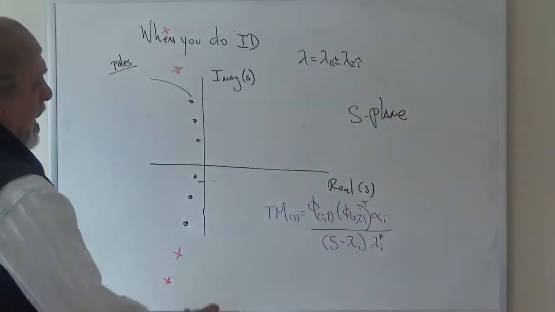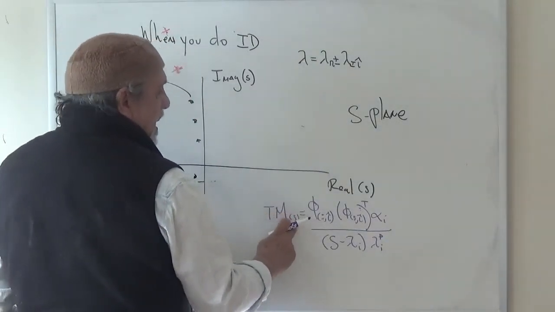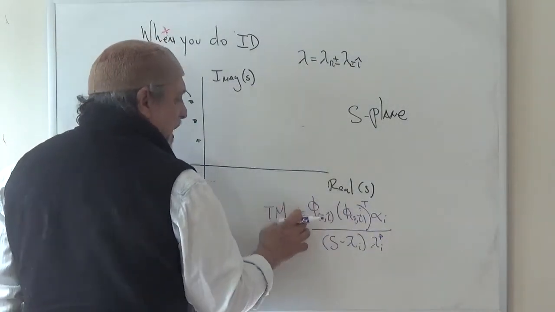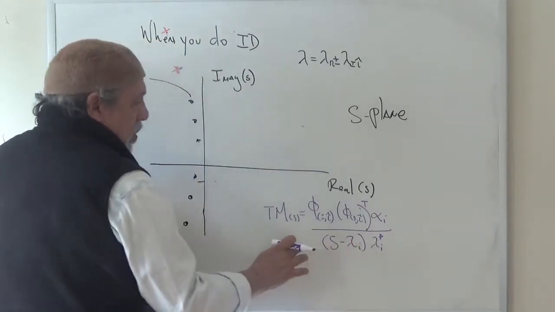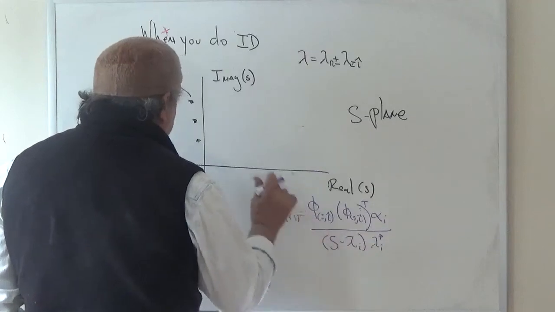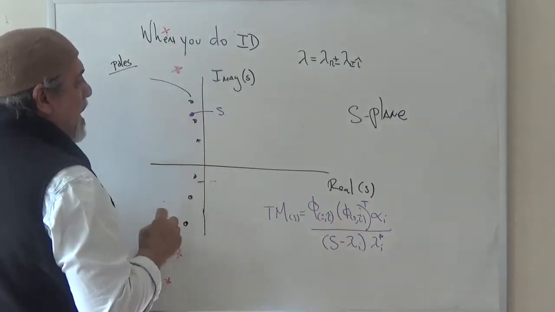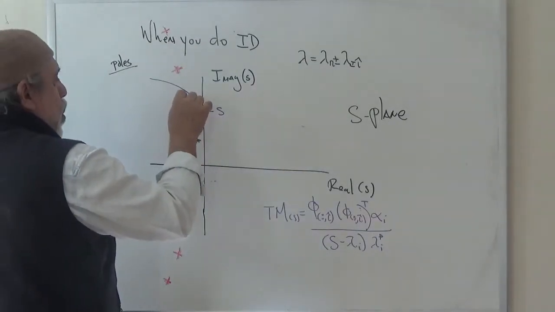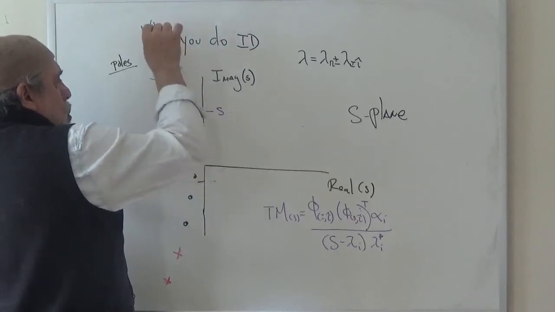So you can see that when you calculate the transfer matrix at a given S, the term that has the most effect is the one that is closest to that pole, right? So if I take an S value here, then at that S, this pole and this pole have the most effect, and then this one least, and so on, right?